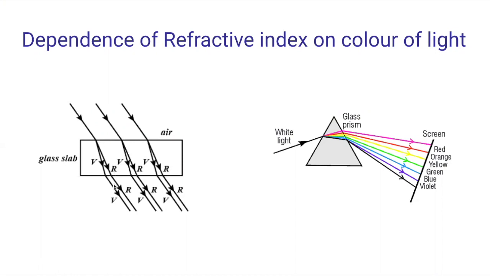It only changes its path. It only shifts. So now it has actually dispersed, and as we have predicted, violet has deviated the most and red has deviated the least. But after this, again red will be here, violet will be here. They both will become parallel to each other.